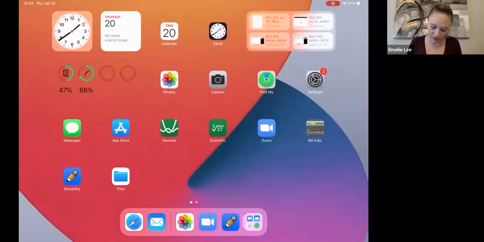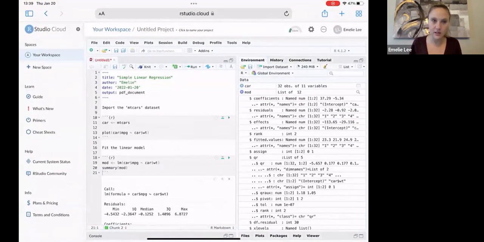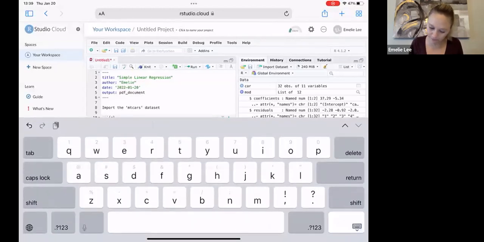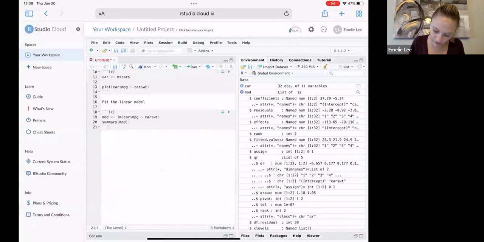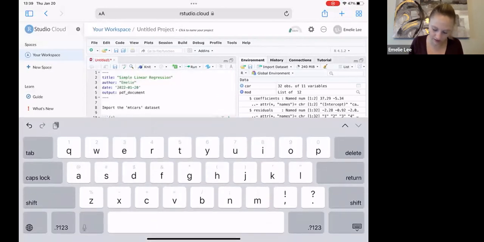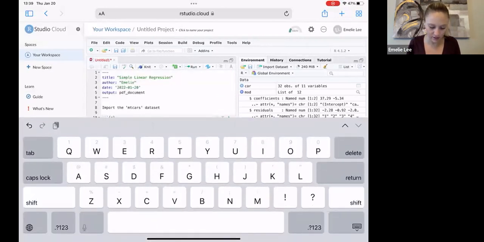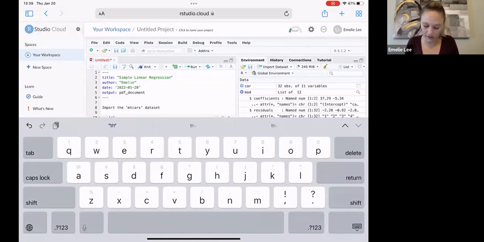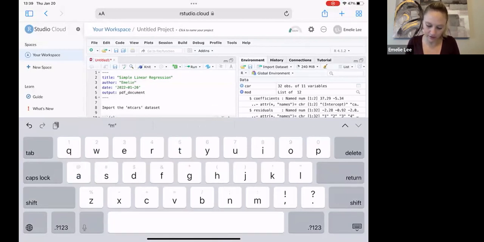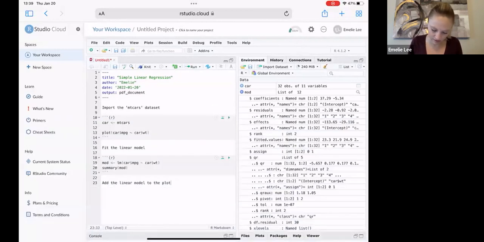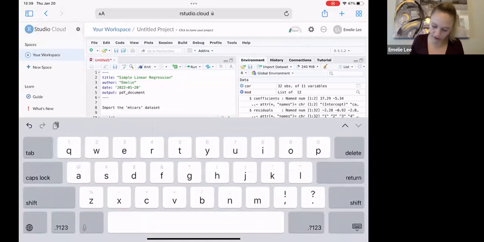So what can I do? I can add the linear model to the plot. And how do I do that? Insert an R code chunk.